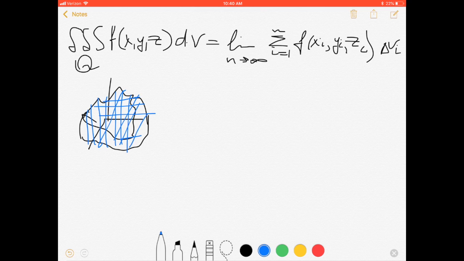And we take a point for each cube and multiply it by the volume of each small cube. You see? Okay, how we work with this type of integral, I'll clear there.